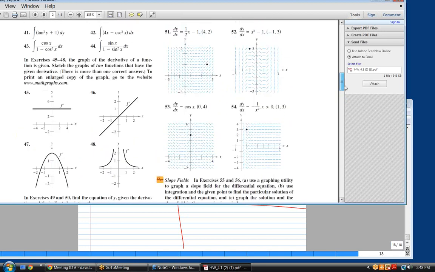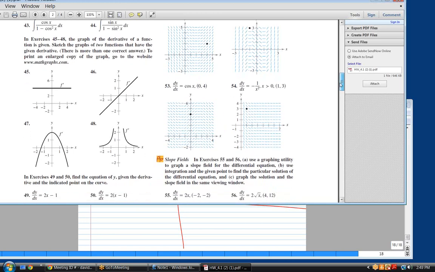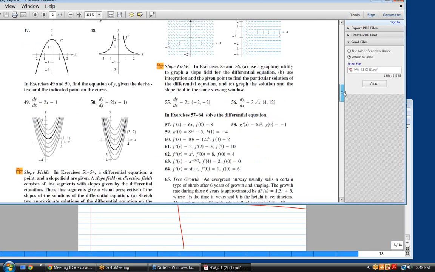In 51 through 54, they gave us the slope field that you'd get on your calculator. So in 55 and 56, they want you to use your calculator to generate this slope field, and then using this initial condition, do the exact same thing you did on the previous 6 problems.